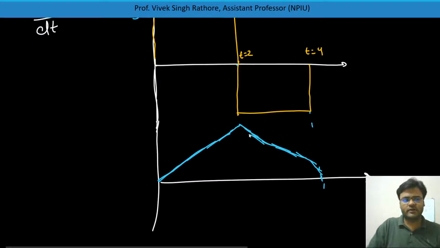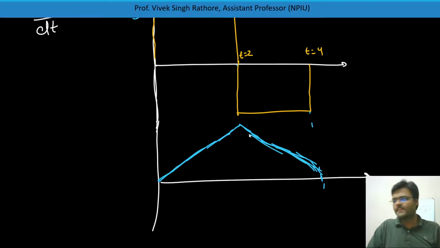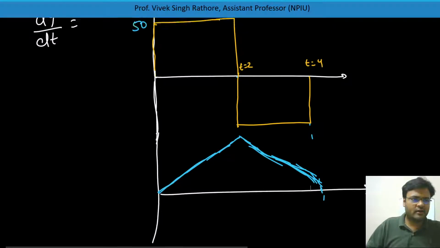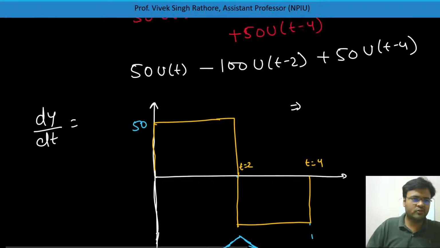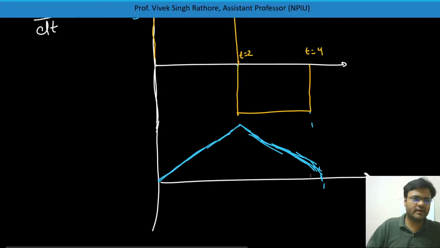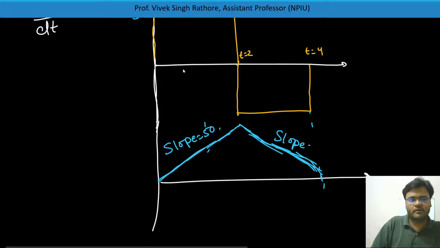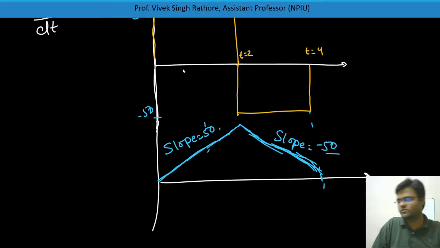So it is a flat curve like this, and the slope is 50 here, and here the slope will be minus 50. So what will be the final value?